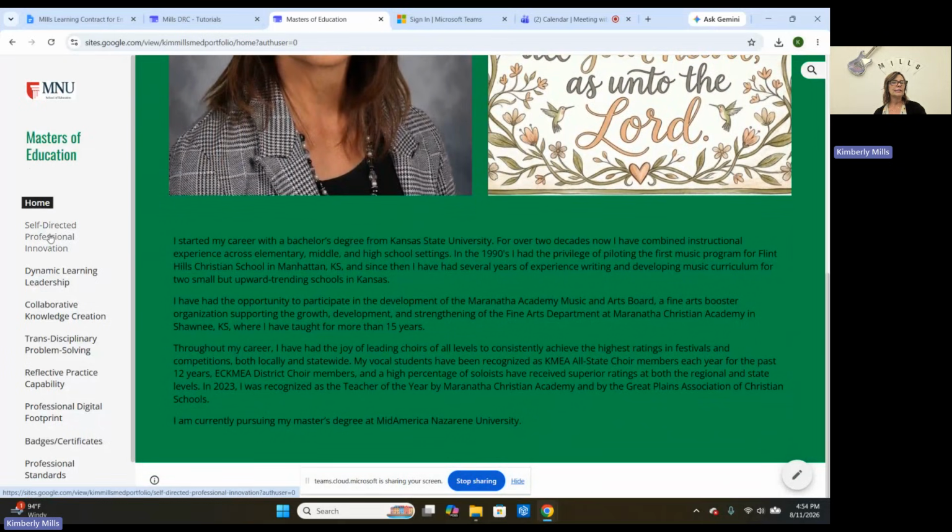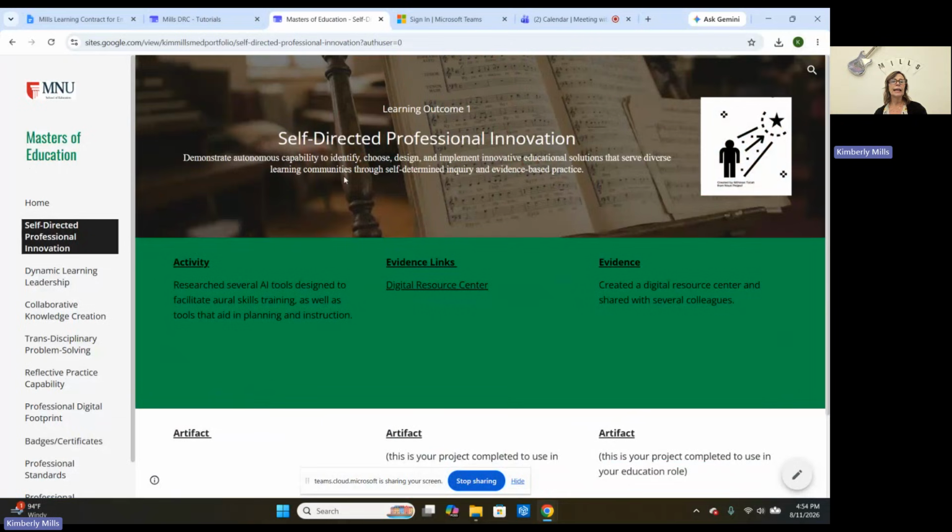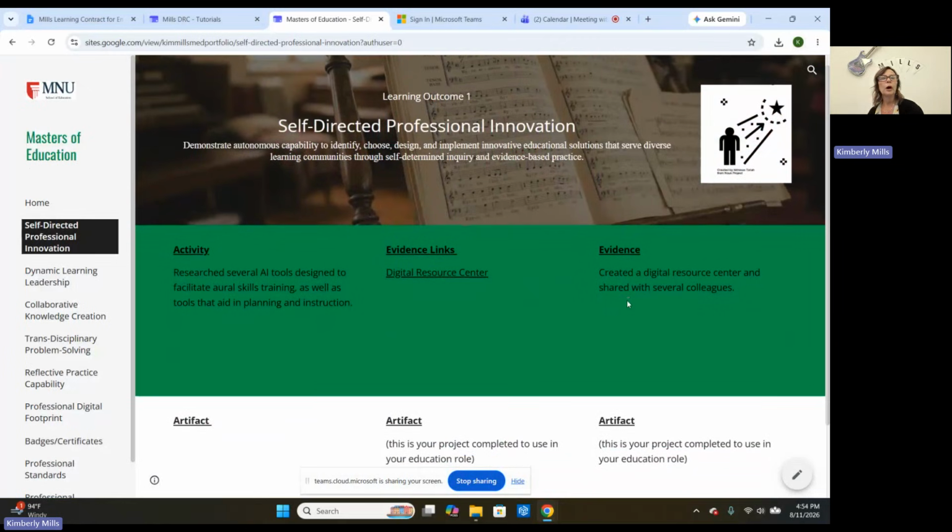Following that, learning outcome 1 is one of the outcomes that connected to my learning this summer. Here I have the Digital Resource Center linked, and the fact that I created that as part of just being innovative and finding solutions to help my students learn.